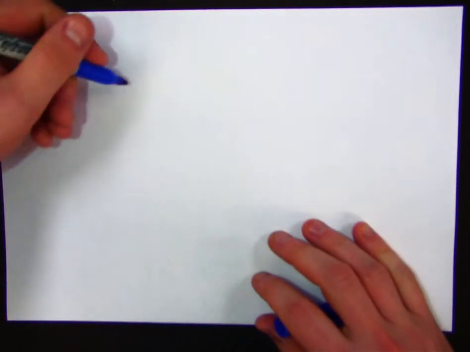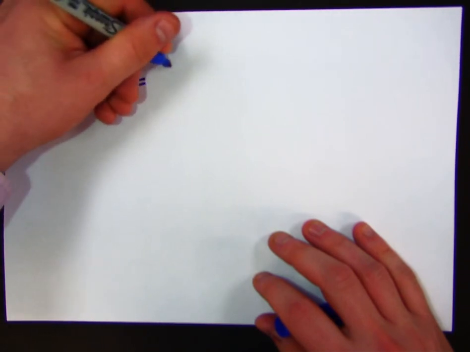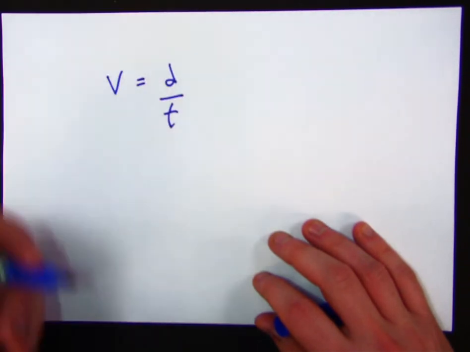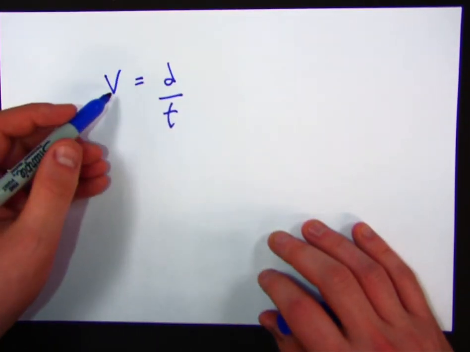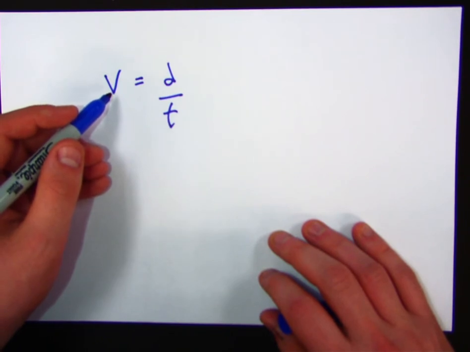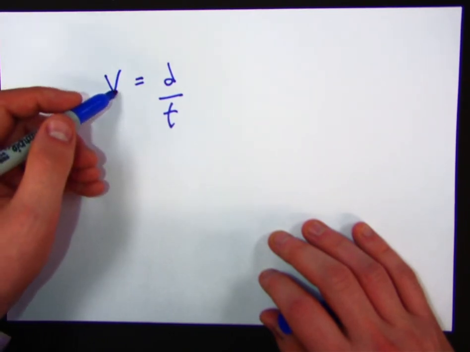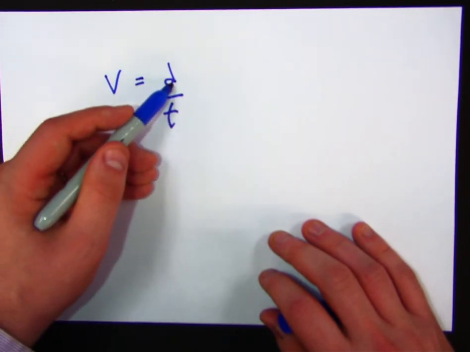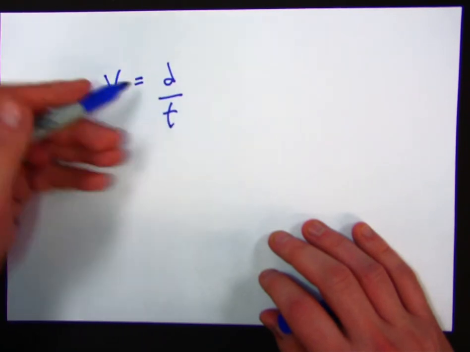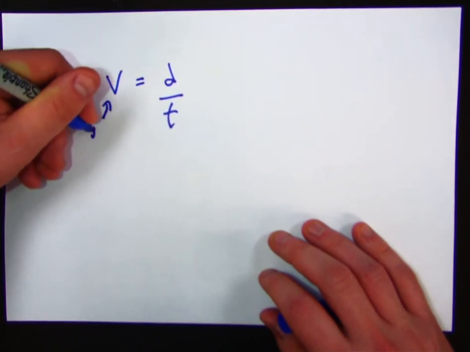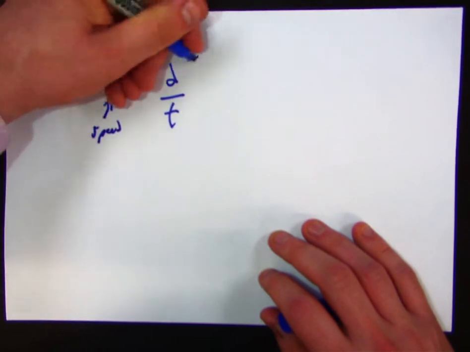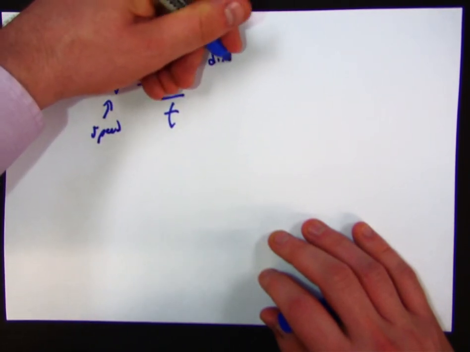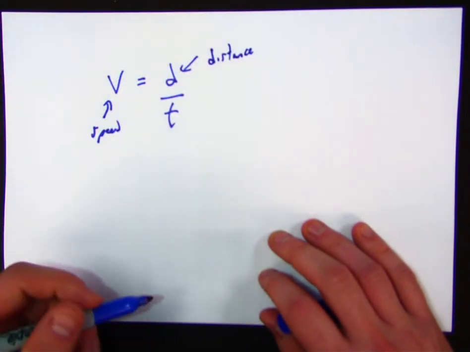Essentially, v is equal to d over t. In this case, v would represent the speed. This would be distance, and this is time. So in this case, that's speed, that's distance, and of course that's time.